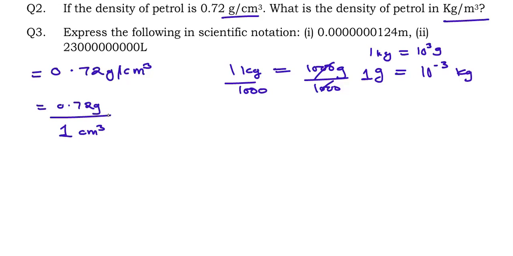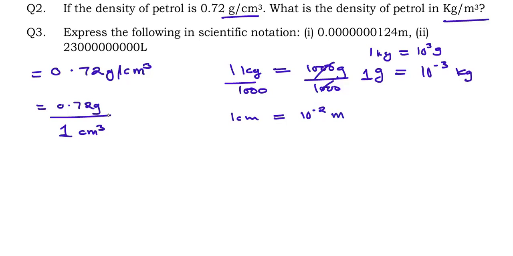Let's now talk about how we can convert centimeters. Here we have cubic centimeters. What do we know? We know that 1 centimeter is equal to 10 to the power negative 2 meters. This is what you need to know.